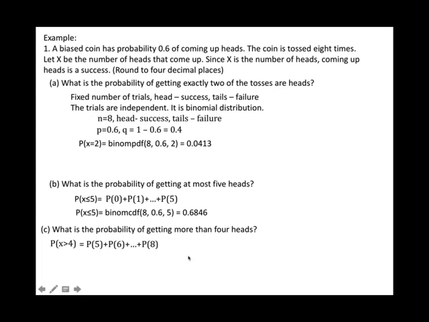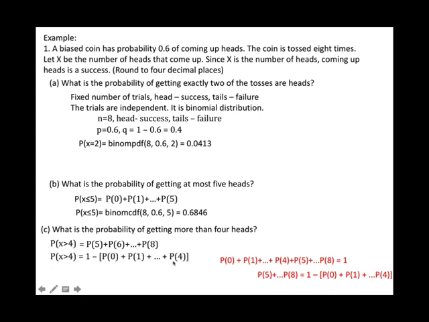Remember the trick that we learned from section 5.1? If I add up all the probabilities, P of 0, P of 1, until P of 8, it has to be equal to 1, right? And right now, we are looking for P of 5, P of 6, P of 7, and P of 8. So we could do 1 minus the rest.